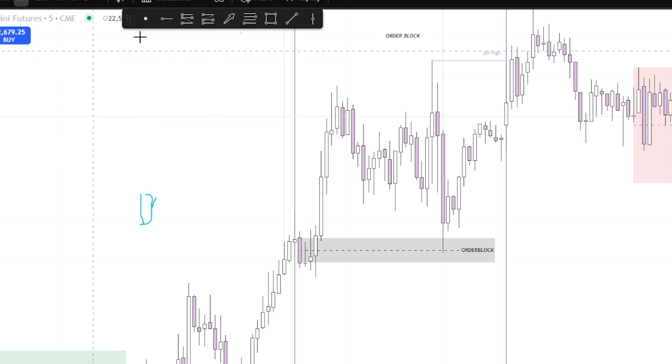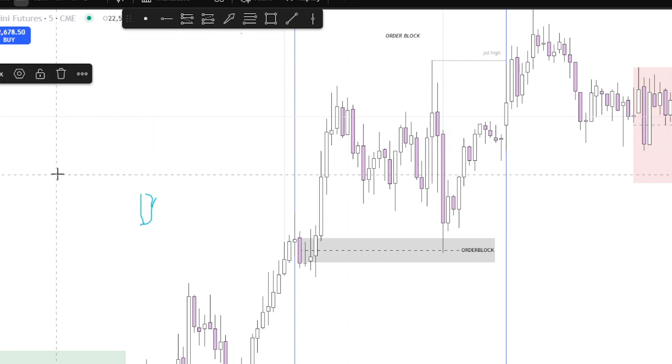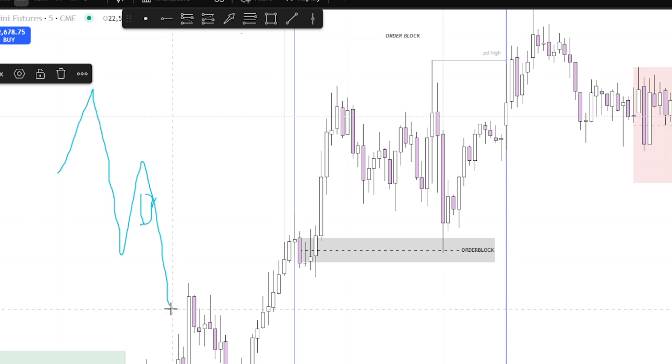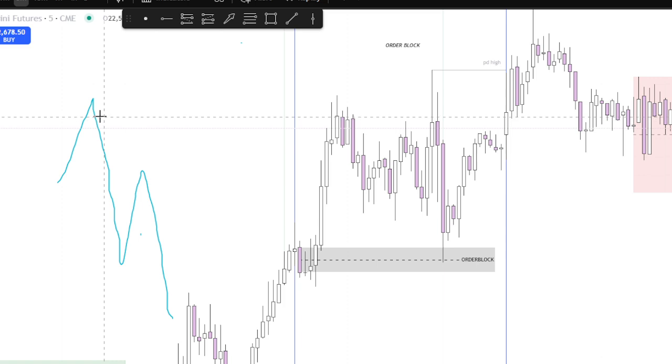Can I actually just draw this a bit better? Okay, I'm going to just draw a downtrend first then. Break it. Get rid of this ugly candle. What do we see? Let's say that there are 2 candles in each one.